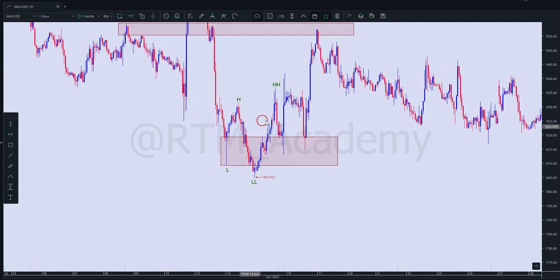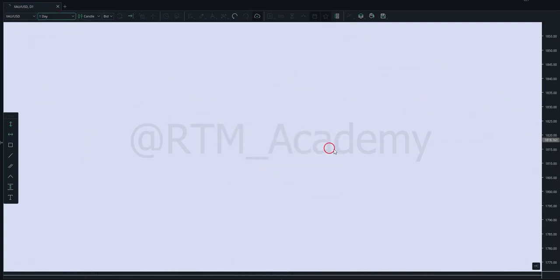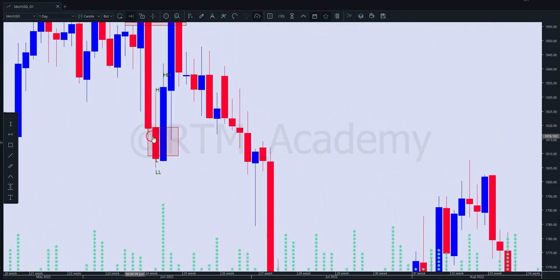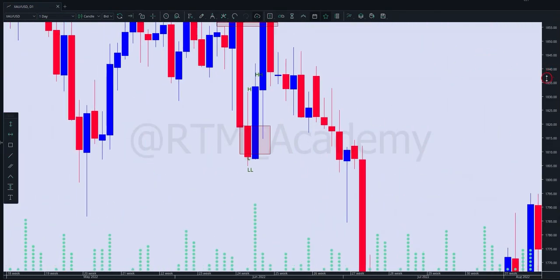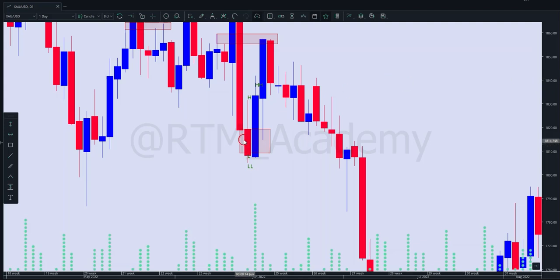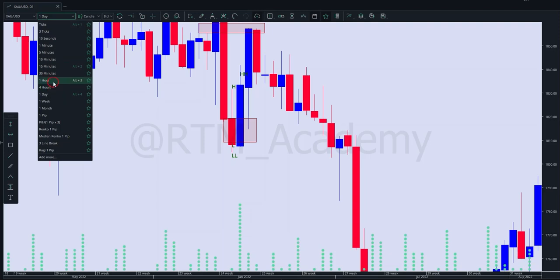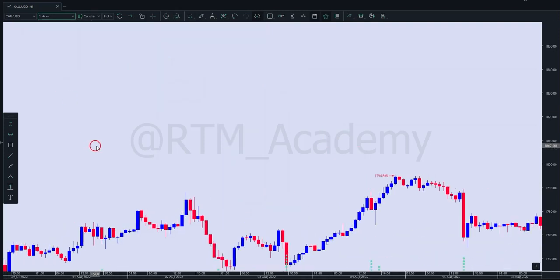Okay, let me see in a higher time frame what we have got here in daily, for example. Oh, so you see here we have a beautiful engulfing candle. So your journal should be like this.